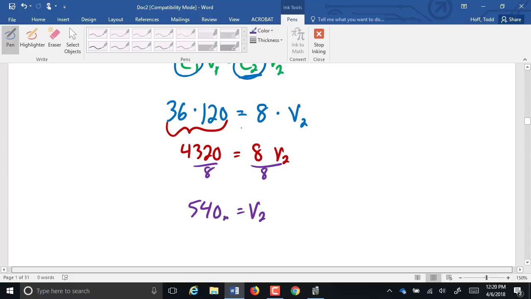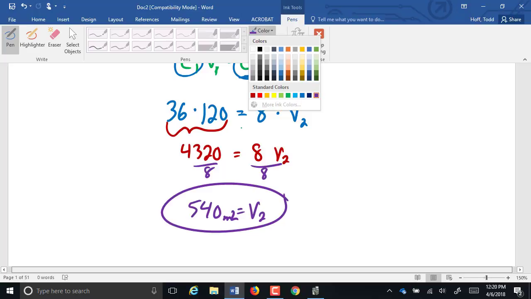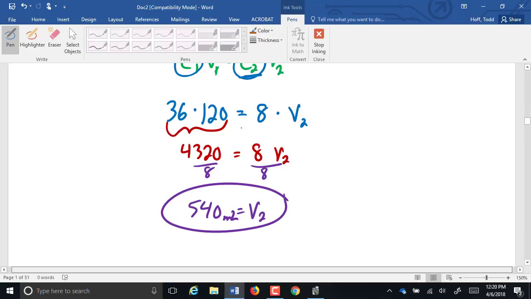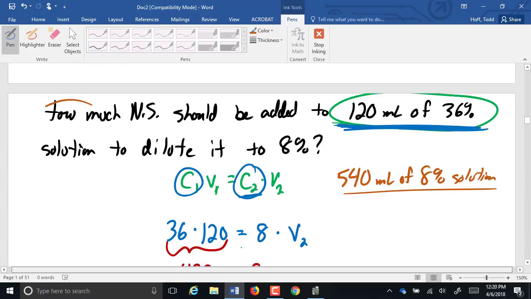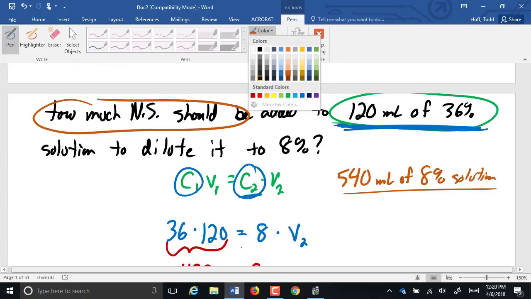Now, V1 was in milliliters, V2 will be in milliliters. Is that our answer? Remember, that's the volume of solution. There's 540 milliliters of that 8% solution. What we're asked to find in this problem is how much saline should be added to it.